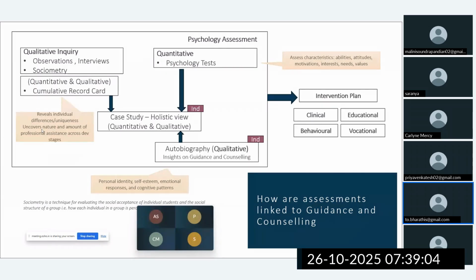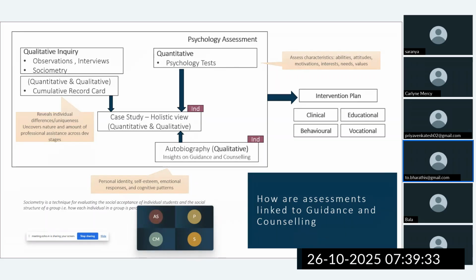The psychology tests help us assess characteristics, whether the person has an ability, what attitude they have, what is motivating them, their behavioral aspects, interests, needs, what they value, everything, including emotional quotient and affinity to take up change. It could be anything.